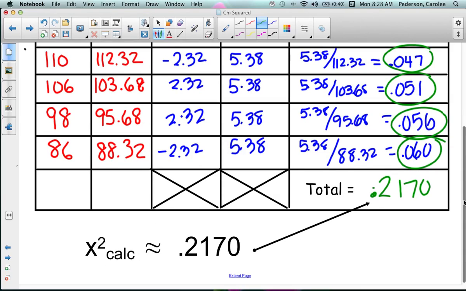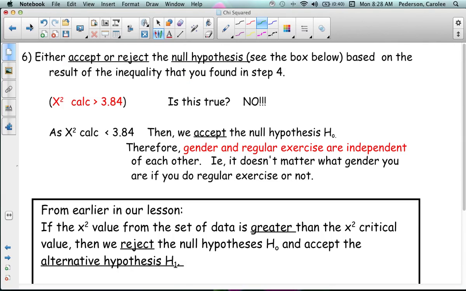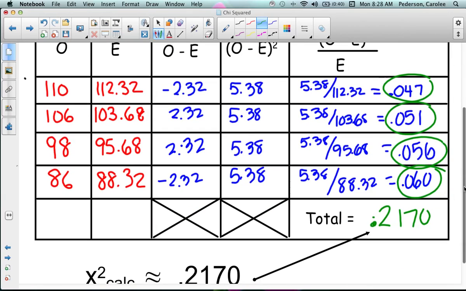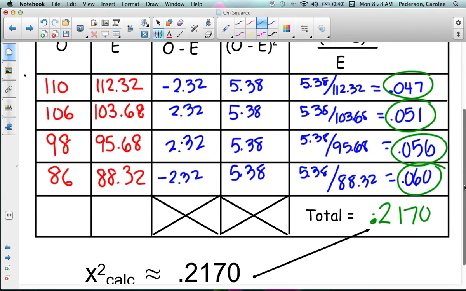Now what does it mean in our problem? Going on to the next step, step 6: either accept or reject the null hypothesis based on the result of the inequality. So remember, this is from that big box. Let's see if it's true or not. Our chi-squared value was 0.2170.